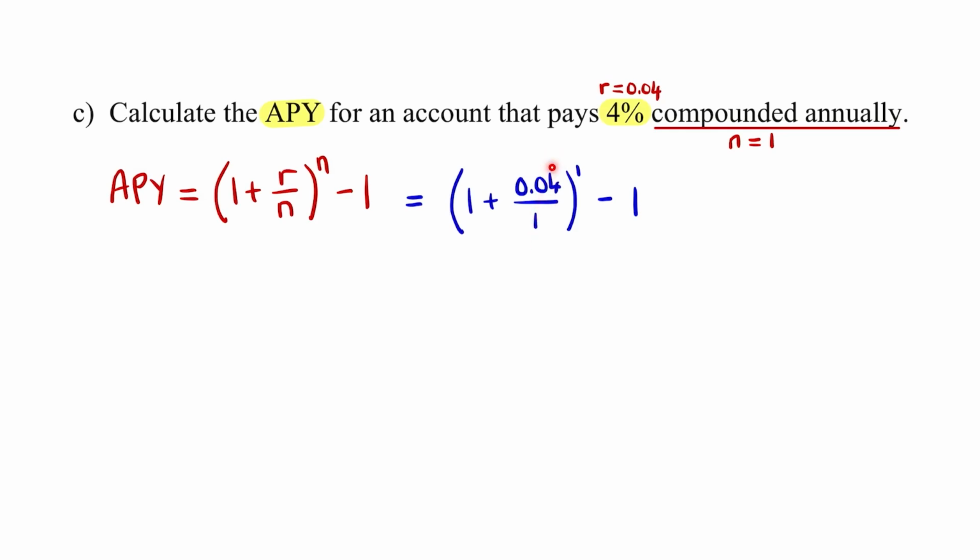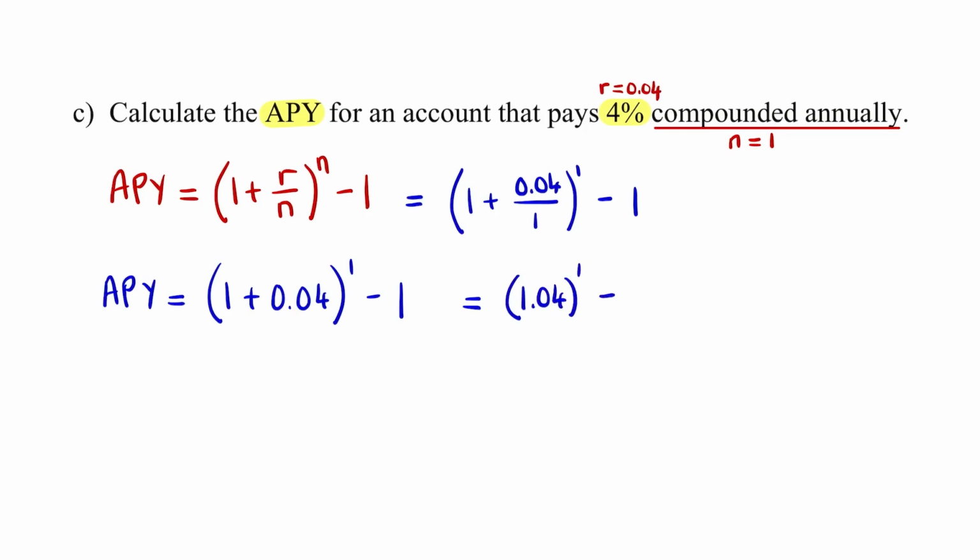0.04 divided by 1 is 0.04. 1 plus 0.04 to the first minus 1. 1 plus 0.04 is 1.04 to the first power minus 1. 1.04 to the first power is just 1.04 minus 1. 1.04 minus 1 is 0.04.